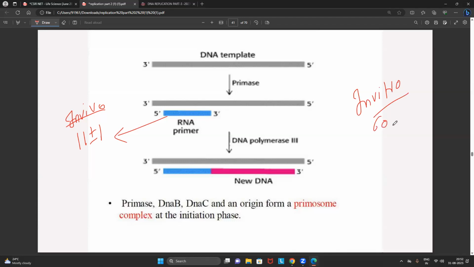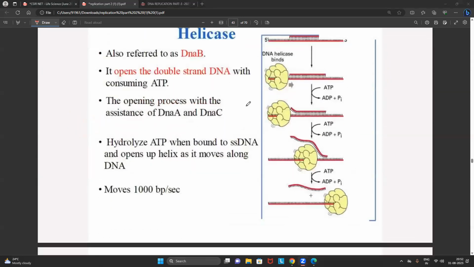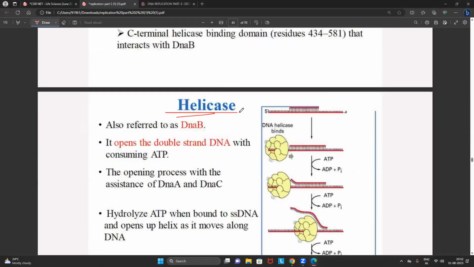There it will be up to 60 nucleotides. Now the primase enzyme will come and add the primer. Then the versatile DNA polymerase enzyme will come and synthesize the new strand. No need to get confused with that particular point. Now, friends, look into this. Next one is called helicase.